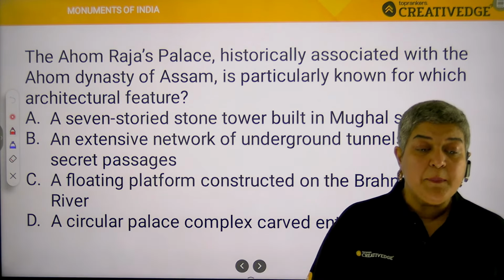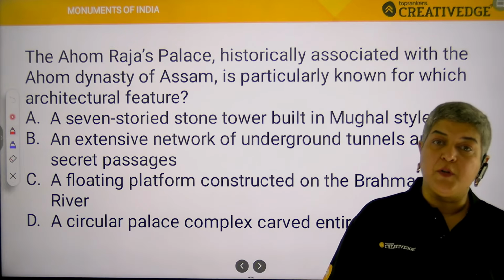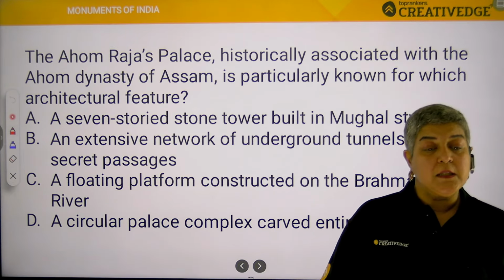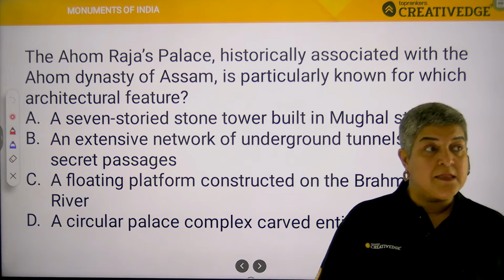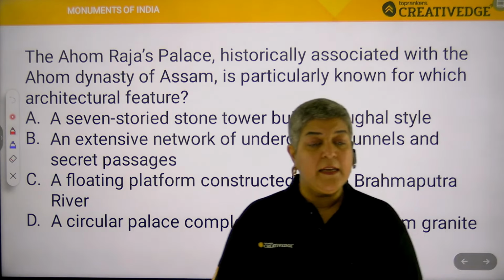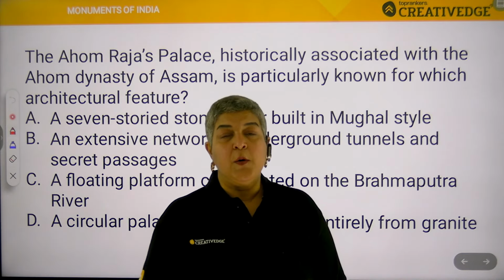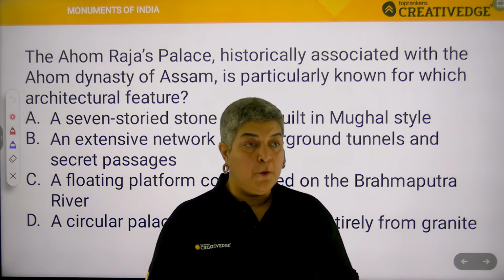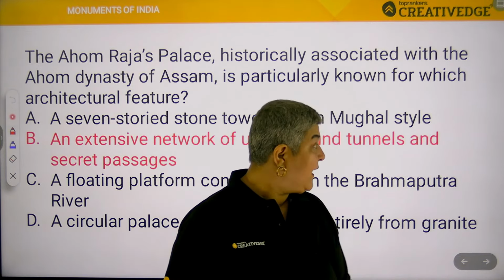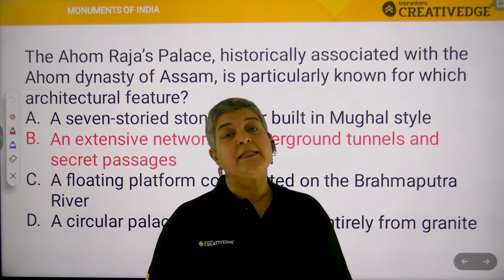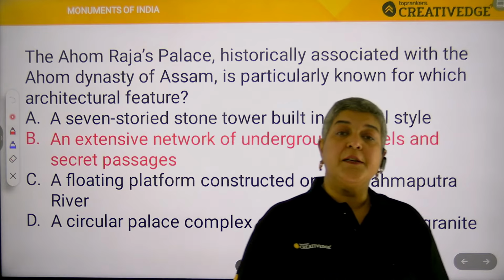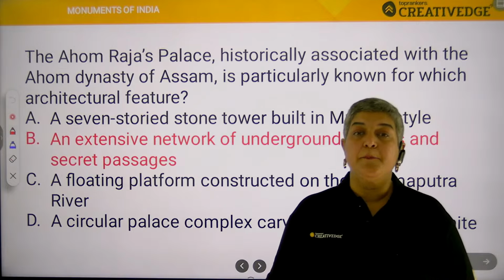A floating platform constructed on the Brahmaputra River? Or is it a circular palace complex carved entirely from granite? What is the answer of the four? The correct answer to this, guys, is an extensive network of underground tunnels and secret passages.